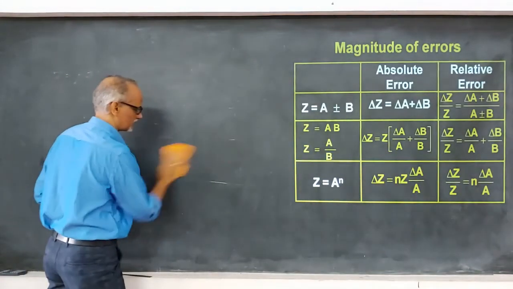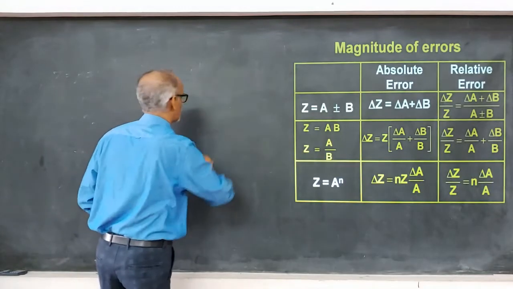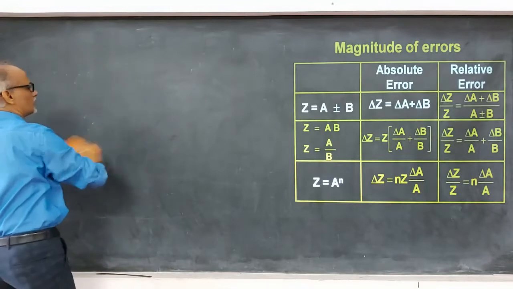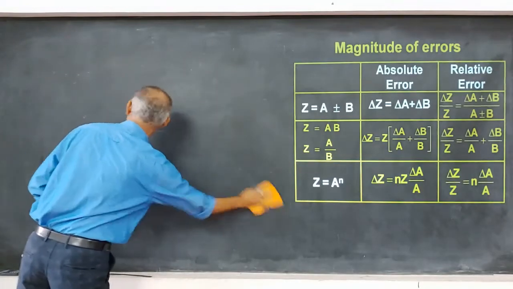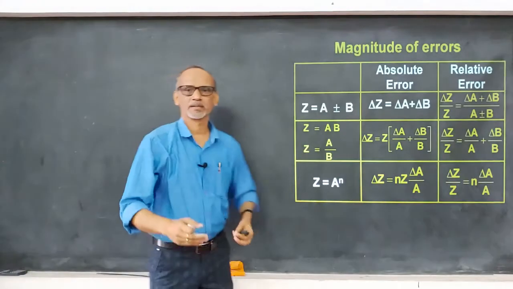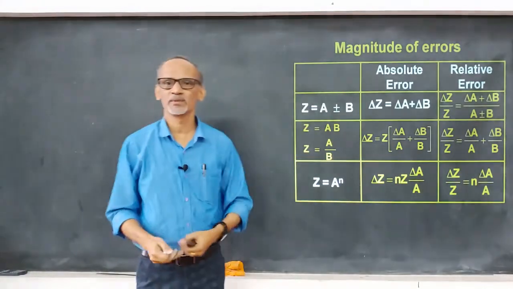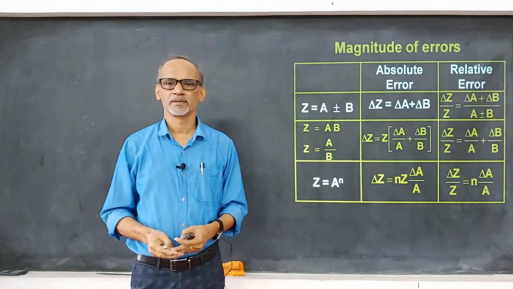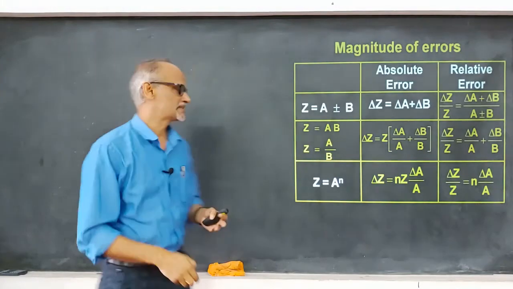Okay, now the formulas I have given here are for absolute error and for relative error. How about the percentage error? Percentage error is very simple. Once you get the answer using this formula, multiply by 100, you will get the percentage error.